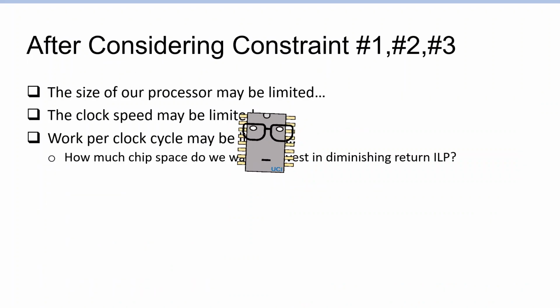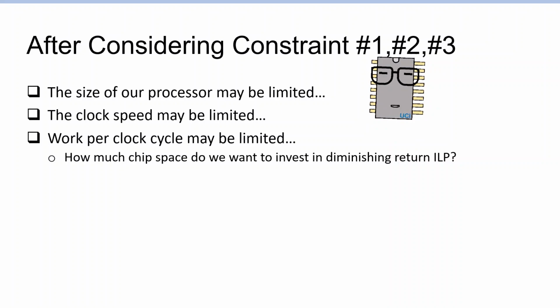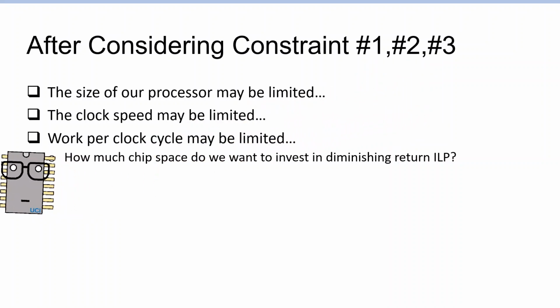So after looking at the three constraints we've seen so far, the size of our processor may be limited, the clock speed scaling may be limited. Now we add the observation that work per clock cycle may also be limited. Although we have some knobs to turn.